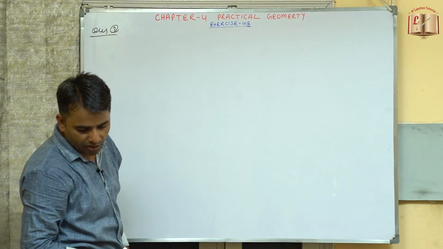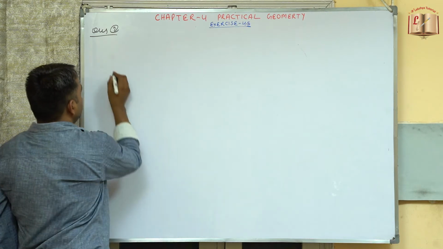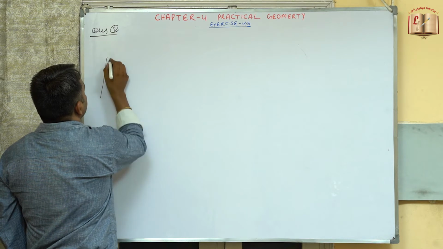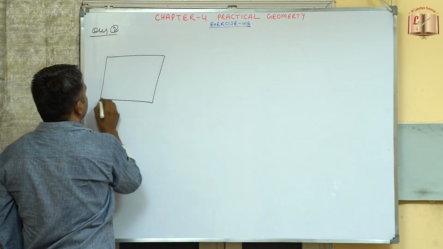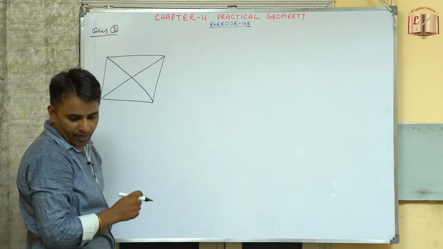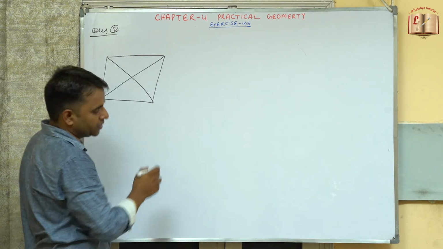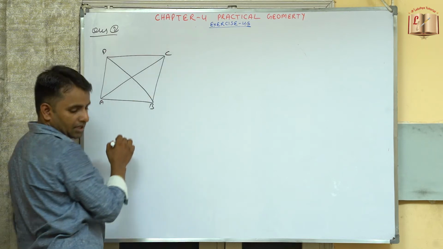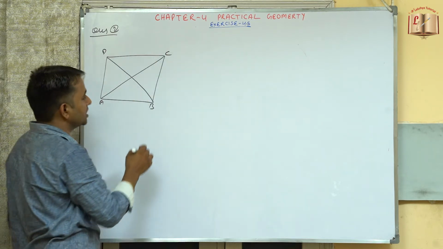We need to construct a rhombus whose diagonals are given. So suppose this is a rhombus ABCD and diagonals are already given to us as 5.2 and 6.4.